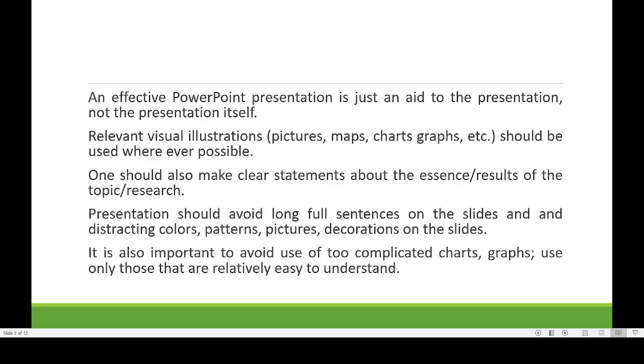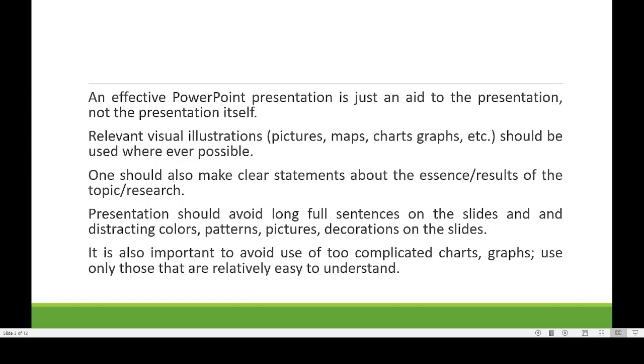Then, an effective PowerPoint presentation is just an aid to the presentation and not the presentation itself. When you are making a presentation, this is a PowerPoint slide. If you go to Google or MS Office and take the presentation slide, it may not look like this. It will have a dull appearance, usually in old style. What I do is use OneDrive, and there we can modify it so that the presentation looks more attractive.